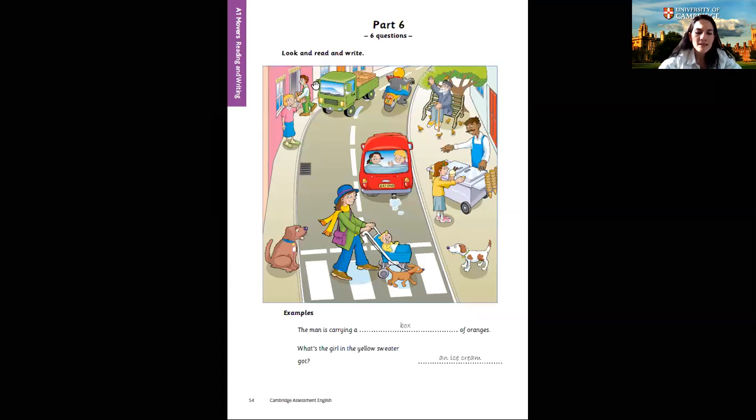in part 6, you will have a picture and you have to look, read, and write. For example, the first thing that you have to do is to observe the picture, okay? Observe what is happening here, okay? So there are people doing things, okay?